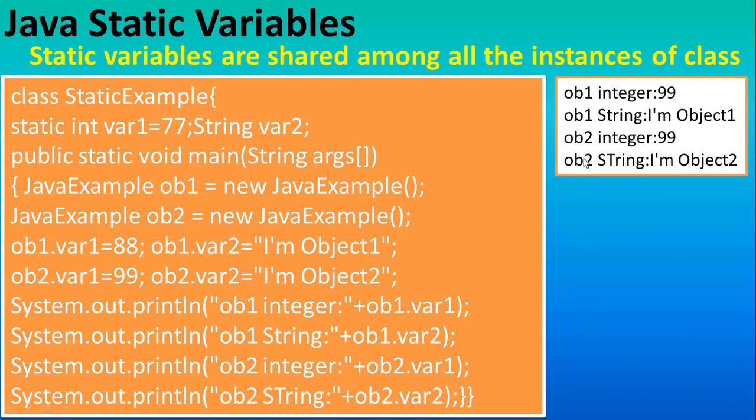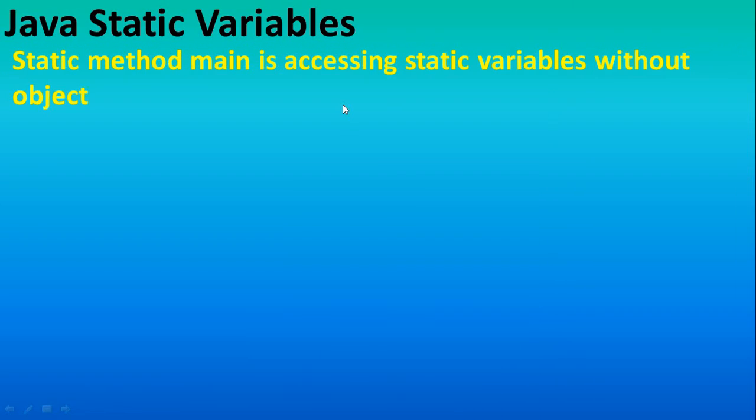And then with ob2 there is the value I am in object 2. So we get different values here, because each object, that is ob1 and ob2, holds a different value, but whether it is ob1 or ob2, we are getting the updated value, because the updated value will be shared to the different objects.